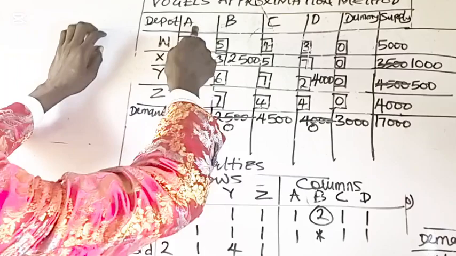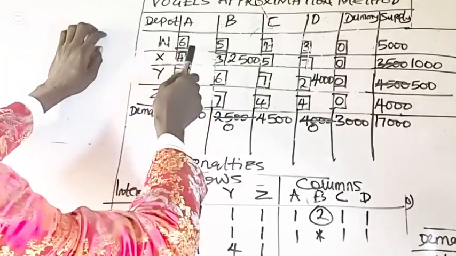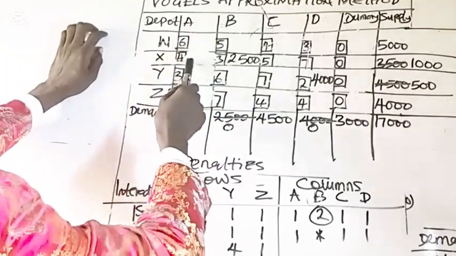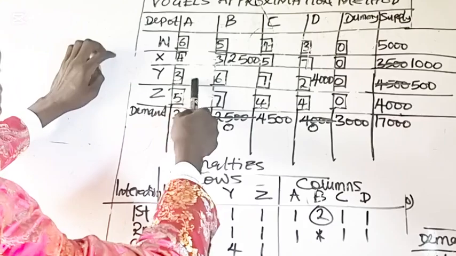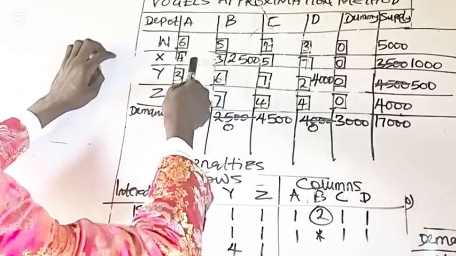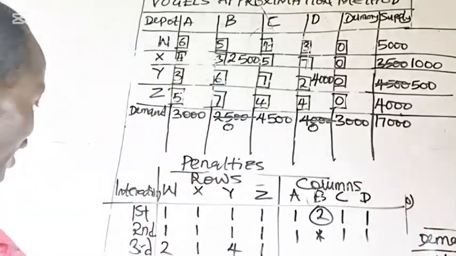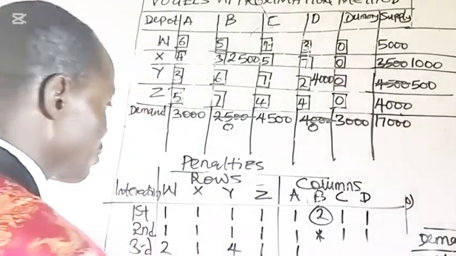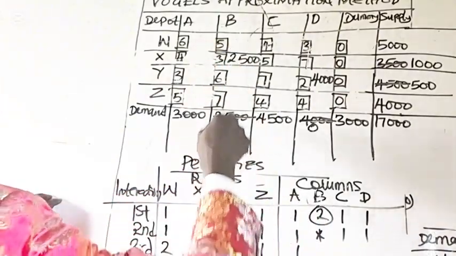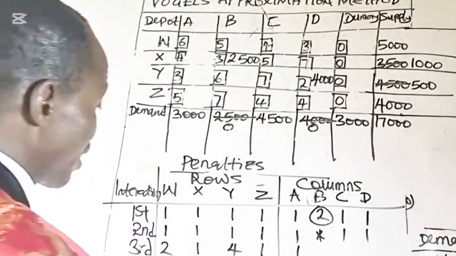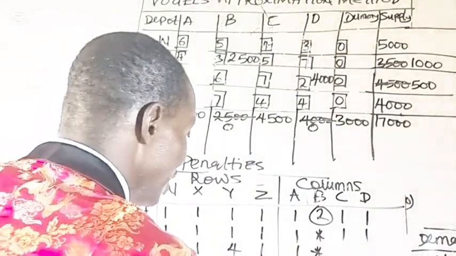In column A, you have the least cost 3. The next least cost is 4. 4 minus 3, that is 1. Then column B. You've exhausted what you have in column B. You can just asterisk that.